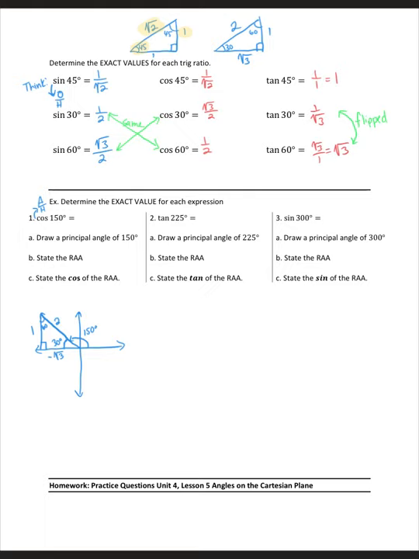So let's first fill out part B. It says state the related acute angle. So that's a 30-degree angle. Now it says state the cosine of the related acute angle. So if we're looking at the cosine of 30, that's going to be my adjacent over my hypotenuse. So again, we're looking at the related acute angle of 30, which is going to be my adjacent side over my hypotenuse.